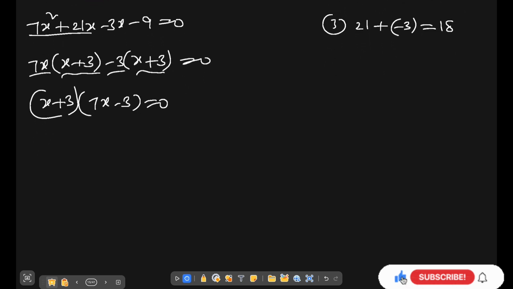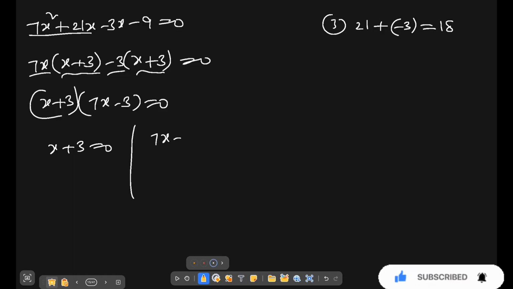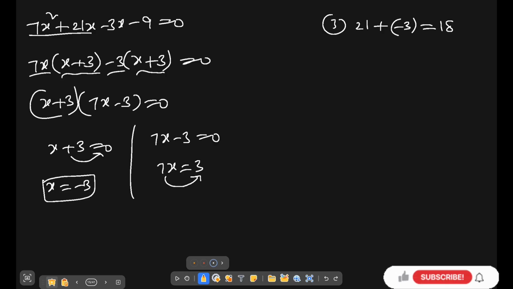So we can write it as x plus 3 equals 0, or 7x minus 3 equals 0. Here if you send plus 3 to the right side, x equals minus 3, and here send 3 to the right side, 7x equals 3, and send 7 to the right side, x equals 3 by 7.